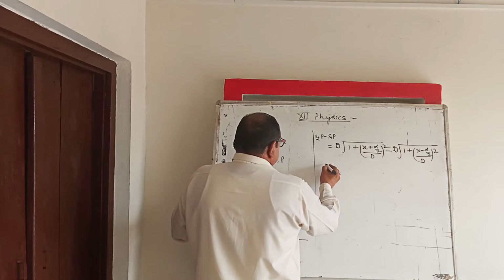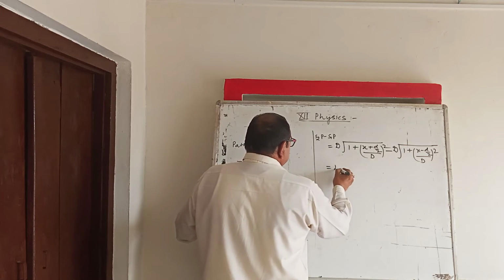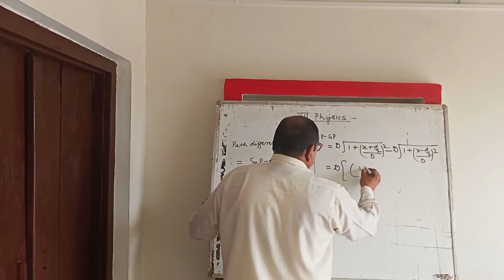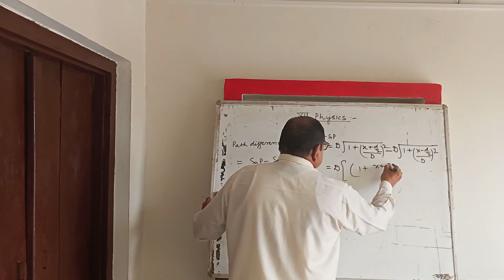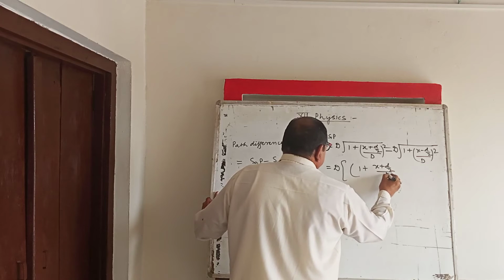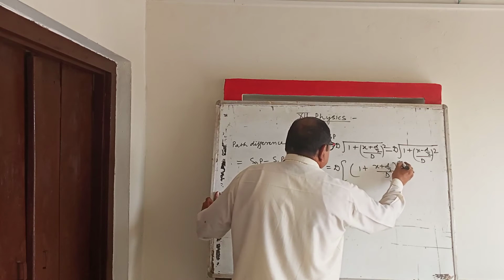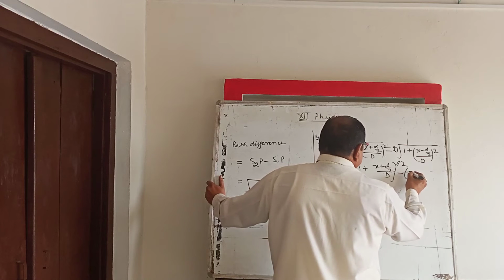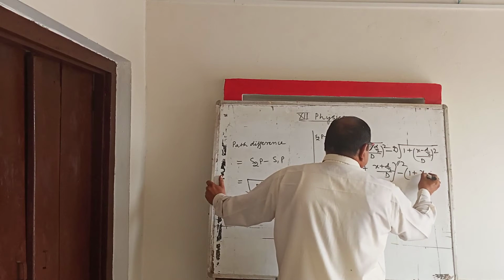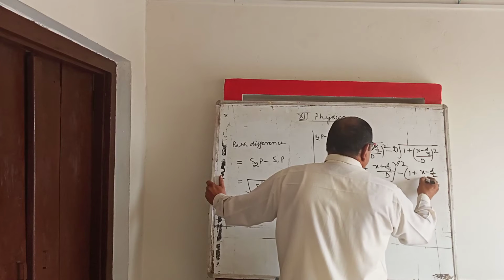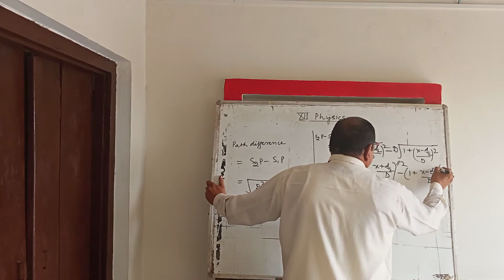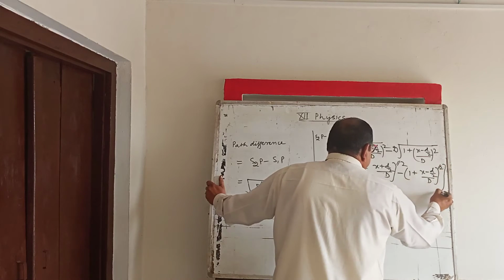I take D common, and root means power half: D times 1 plus x plus d by 2 upon D whole square to the power half, minus 1 plus x minus d by 2 upon D whole square to the power half.